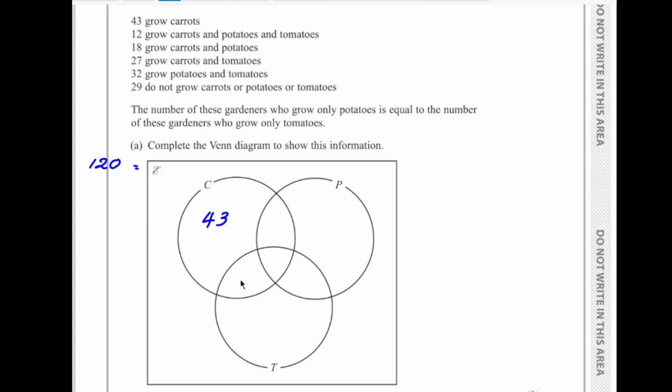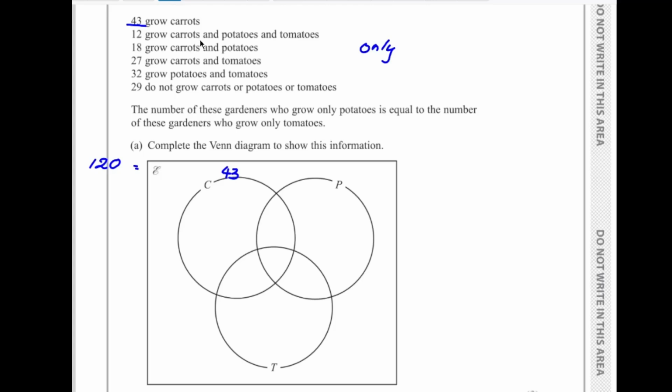If you come over here, it represents carrot as well as tomatoes. Therefore, when the information is given, if there is no word only, you can't fill it in the exact space. Therefore, we get this 43 and we write it on the line. We can't write it here.